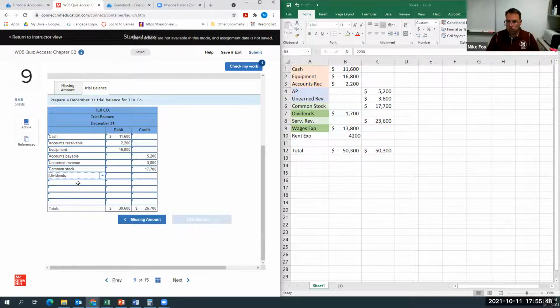Dividends, debit balance of 1,700. Service revenue, credit balance of 23,600. Wages expense, debit of 13,800. And rent expense, debit of 4,200. We all balance. We should be good. It's my last check, so I hope I got it right.